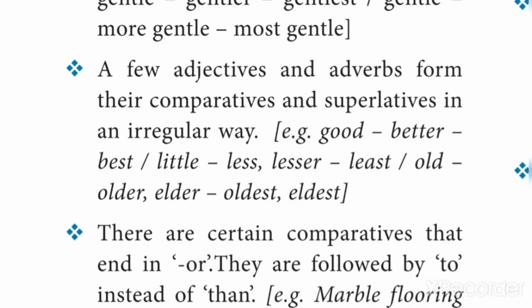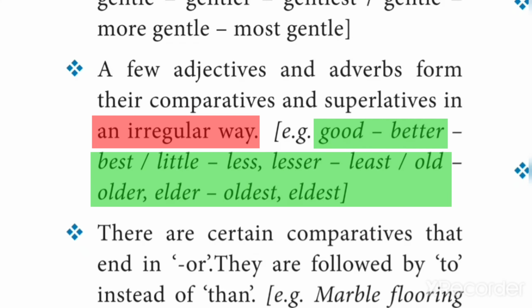A few adjectives and adverbs form their comparatives and superlatives in an irregular way. Let us see what an irregular way means. Example, good, which is positive, better, which is comparative, best, which is superlative.